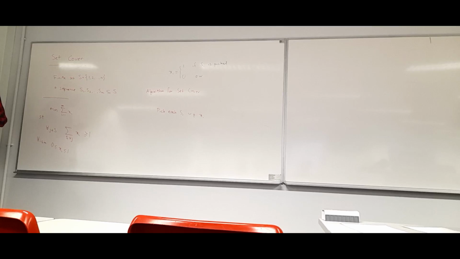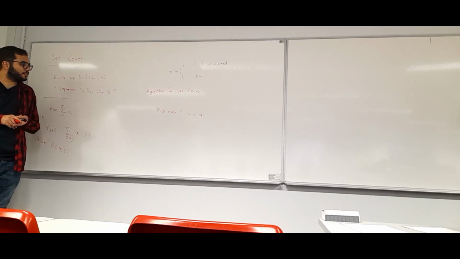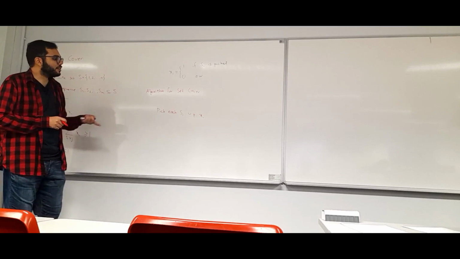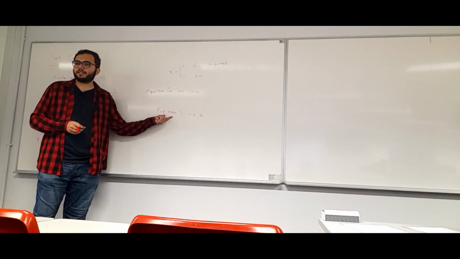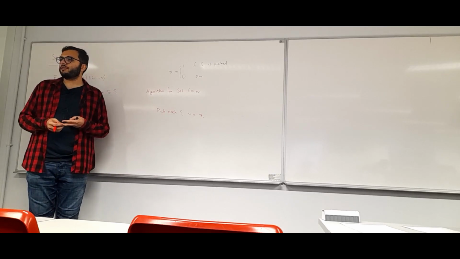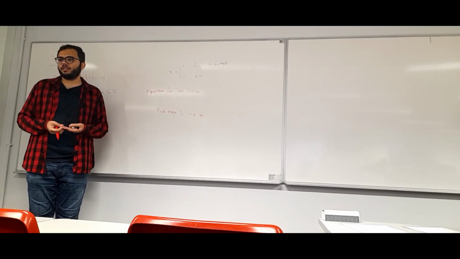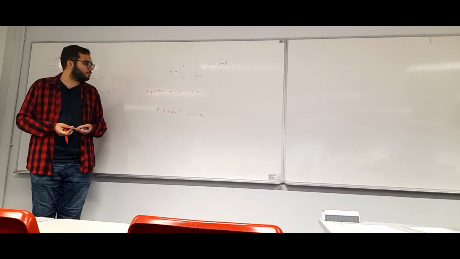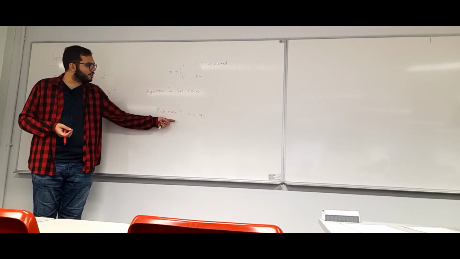Okay, so I have to find the probability of success, but also it might be that I'm very unlucky and I pick too many sets here. So I have to also find the bound on the number of sets that I'm expected to take. So what is the expected number of Si's that I take into my set cover?